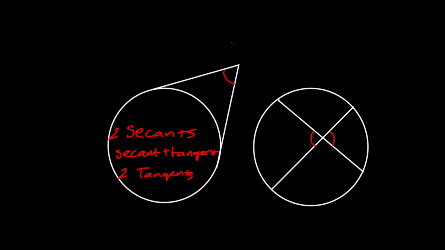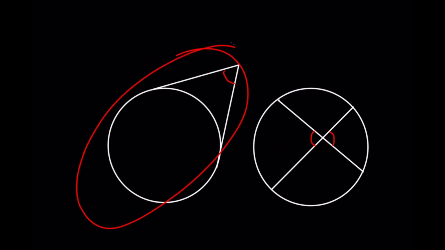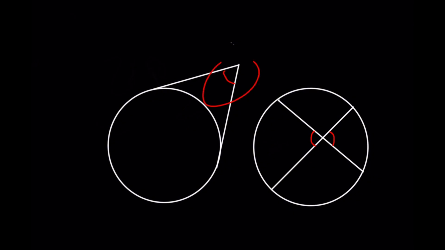So let's say this one right here, we have two tangents, but if we had the line here and then maybe here, this would be a secant and a tangent, and then that would be two secants. So those are the kinds of lines you can get in this situation, where you would find this angle that is outside of the circle.